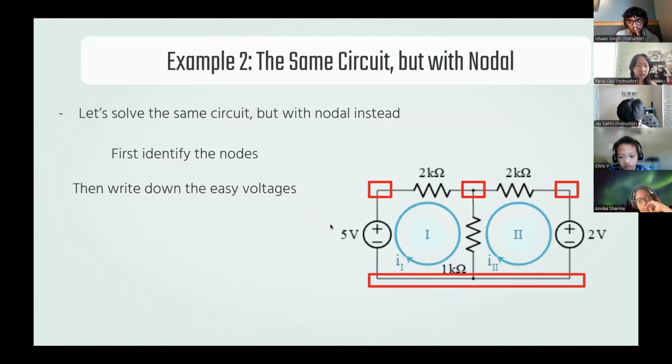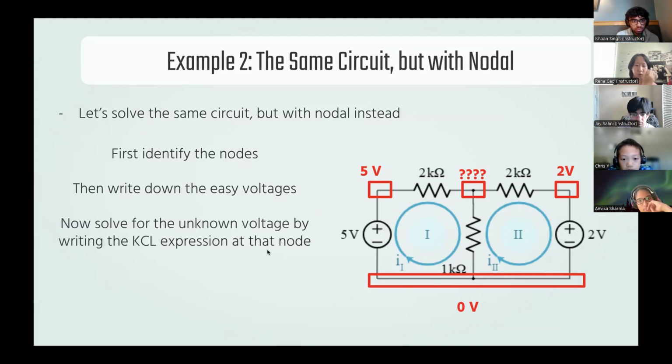Then we can write down the easy voltages at these nodes. Does everyone understand this step so far, why we have these voltages? Because ground is 0, we have 5 volts from this, and 2 volts from this source.